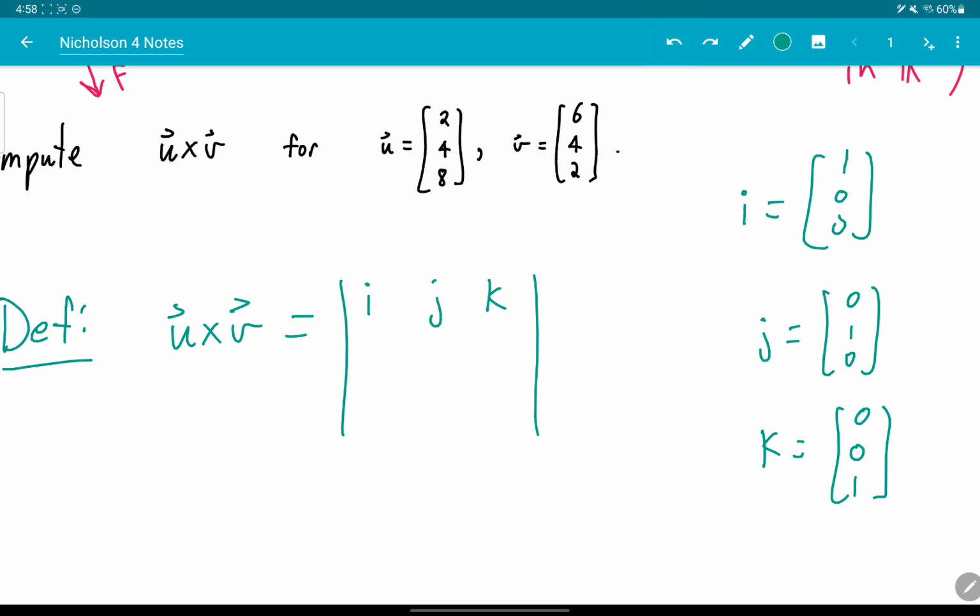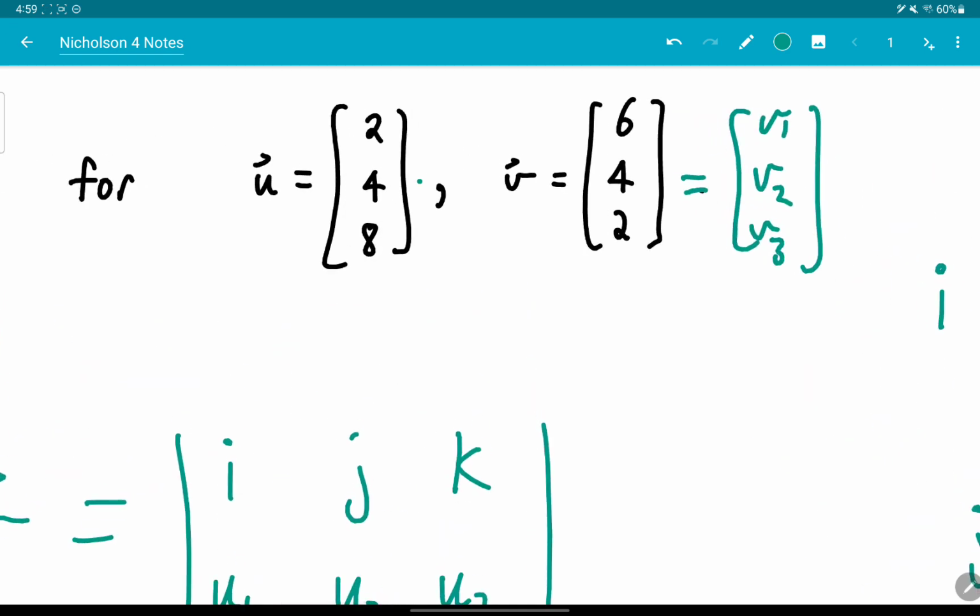But more generally, you have u1, u2, u3, v1, v2, v3. Okay, what I mean by that is that this is v1, this is v2, this is v3, and this is u1 is the first component, u2, u3.